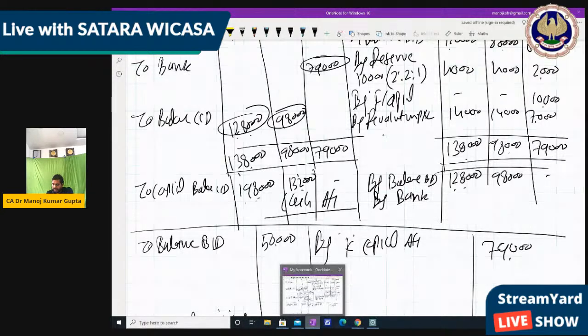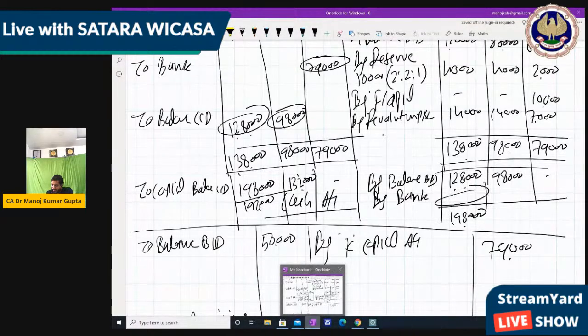So 198 total. What is the shortage? 70,000, they will bring. Right? And 132, 34,000 they will bring, right? So F will bring 70,000, G will bring 34,000.